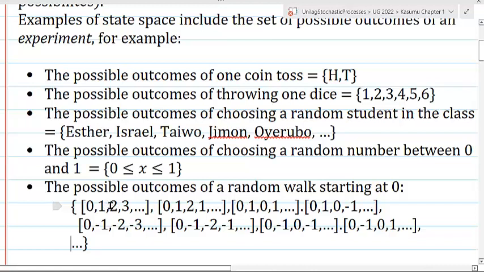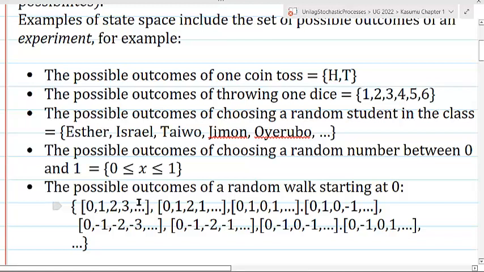If I'm at 2 at the second step, at the third step, I would either go to 3 or back down to 1. So 0, 1, 2, 3 and 0, 1, 2, 1 are the only two possibilities of 4 steps when the first 3 steps are 0, 1, and 2. Now, I put ... here to indicate that there are many possible subsequent sequences.